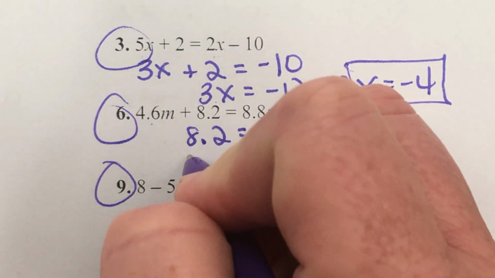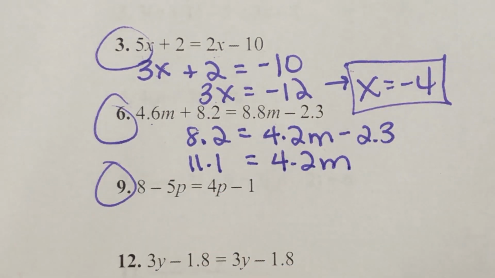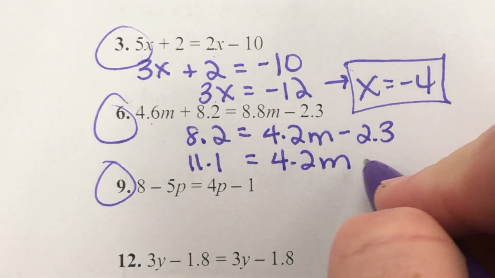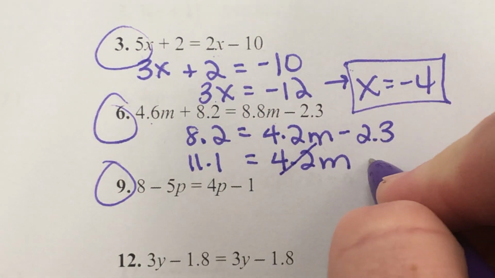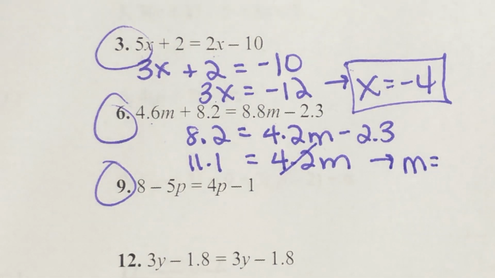So that's 11.1 equals 4.2m. And then I want to divide both sides of my equal sign by 4.2. And so that's going to cancel, and I'm going to end up with m equals, oh, I found a calculator, yay. 11.1 divided by 4.2, 2.642857, and so on. I'm just going to round to the nearest tenth, so I'm going to say 2.6.